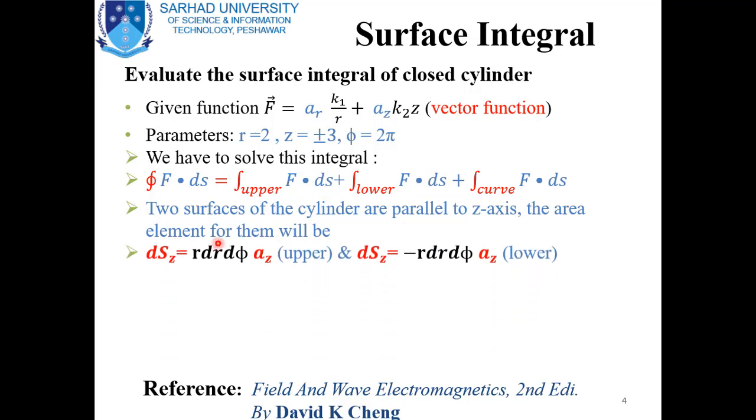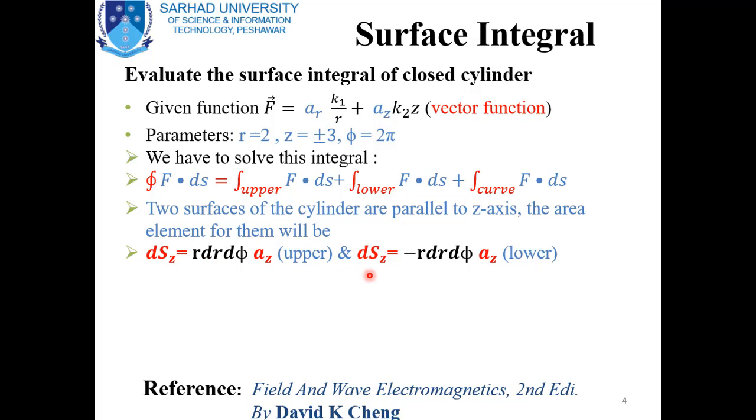So these surfaces must be formed by the radial component and the plane angle component of the cylinder. So dsz, which represents a surface whose direction is parallel to the z-axis, must be formed by the radial and the plane angle component, and this surface is equal to r dr d phi, and az is the direction of this surface. The black part represents the magnitude and the red part represents the direction.